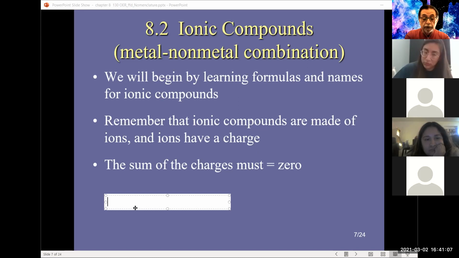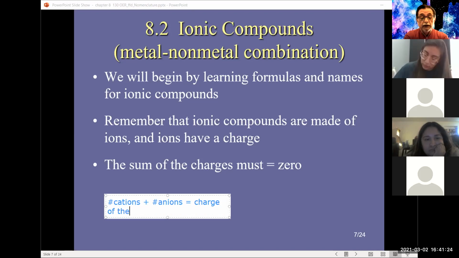It's real straightforward, okay? So the number of cations plus the number of anions must equal the charge of the molecule or compound, whatever it may be.